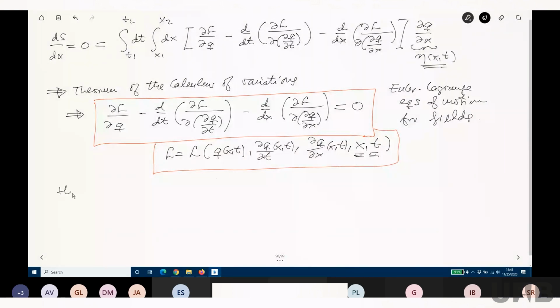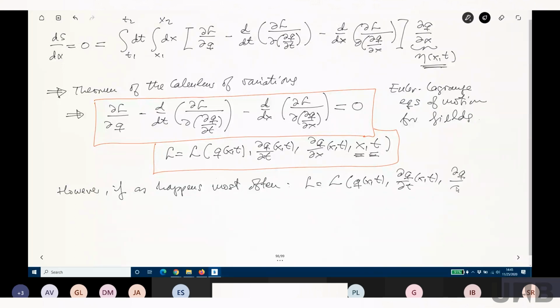However, as happens most often, the Lagrangian density is just a function of the fields and derivatives of the fields only. So this time derivative and this space derivative, but there is no x and t.